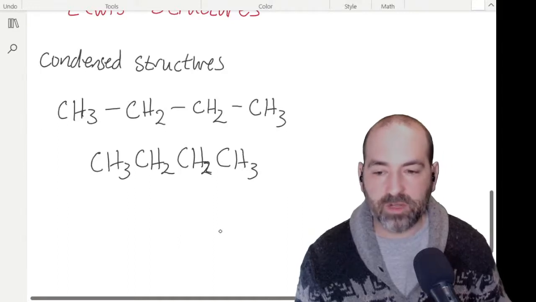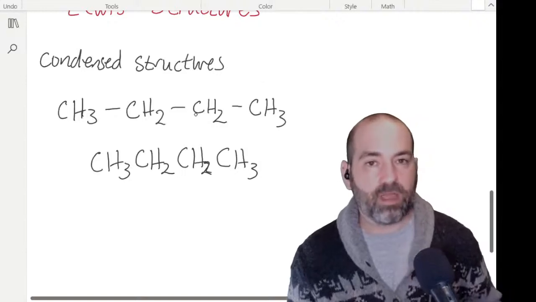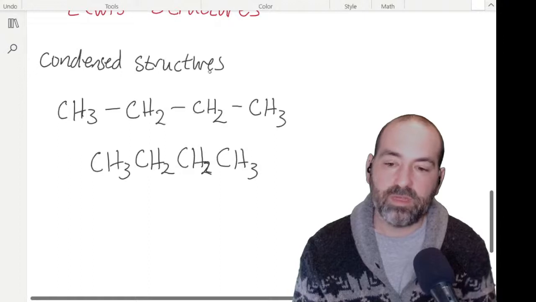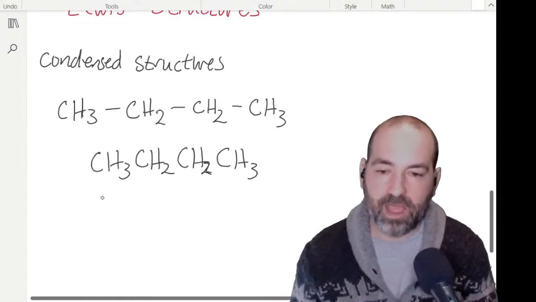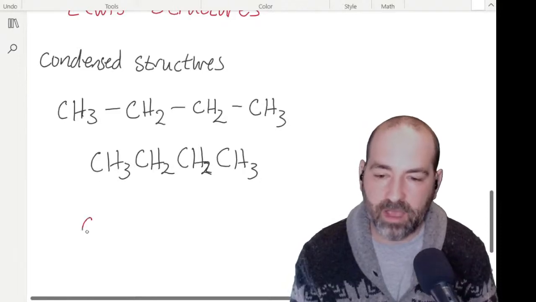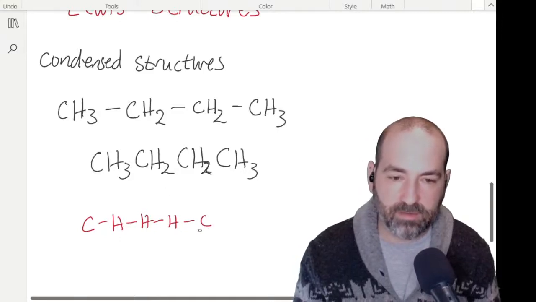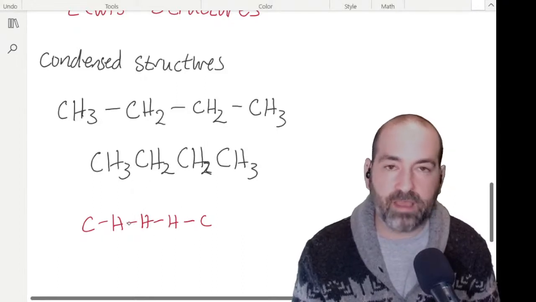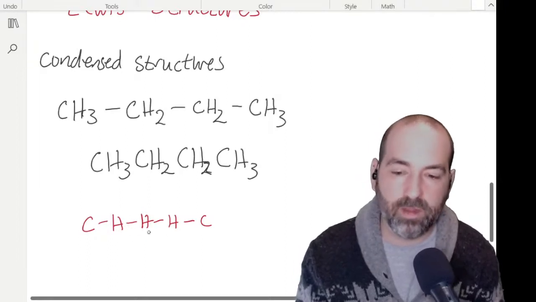But when we draw a structure like this, or even like this first one, we need to know a little bit about chemistry to be able to understand this, because we need to know those original rules. Like, we need to know that this does not mean 3 hydrogens in between. And how would we know that? Well, if we thought that the CH3 meant 3 hydrogens in a row between the carbons, the only way we would know that that's wrong is by understanding those rules that we talked about earlier, that carbon needs 4 bonds and hydrogen needs 1 bond.